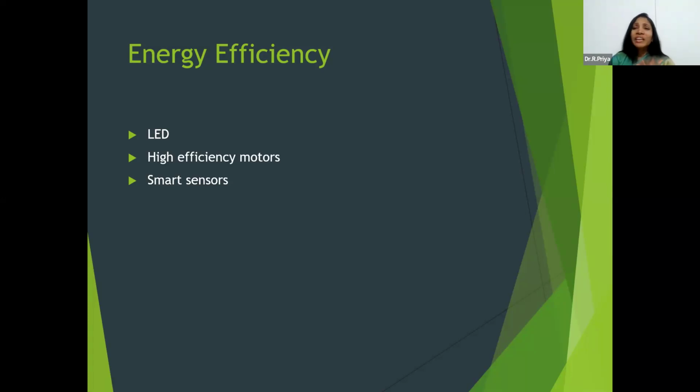So in factories where lighting operates for long hours, replacing conventional lighting with LEDs can lead to huge energy savings and better illumination for safer working conditions.